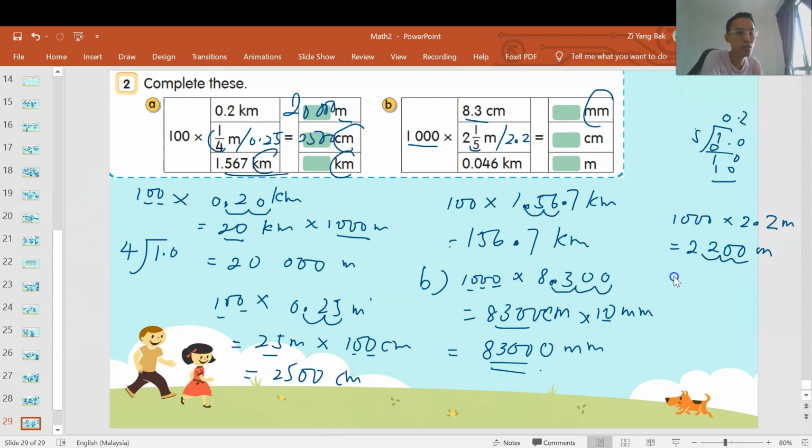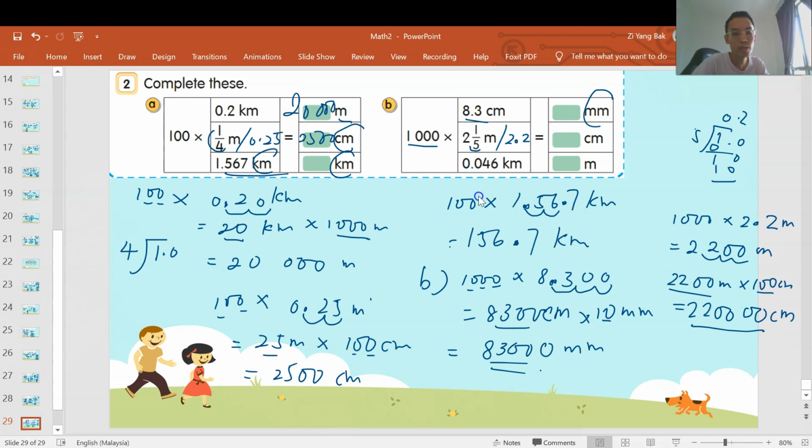And then you change to cm. You times 100 cm. So 2,200 in front, 100 behind, add another 20. You get, wow, what number is this? 220,000 cm. Let me just confirm. Alright, 220,000 cm.